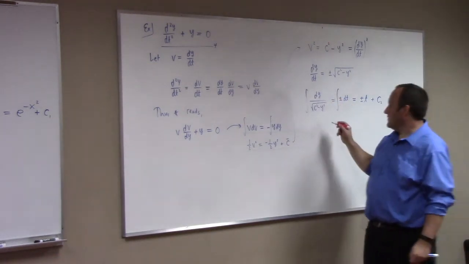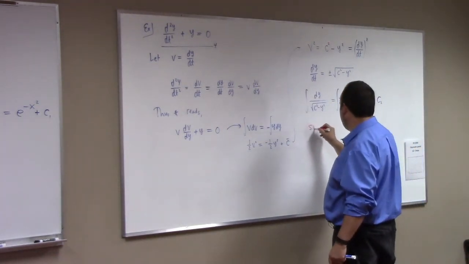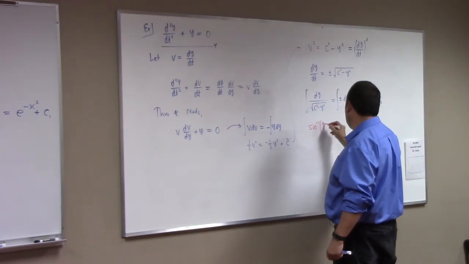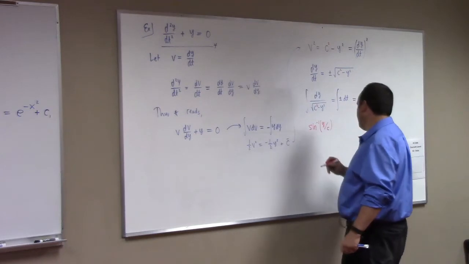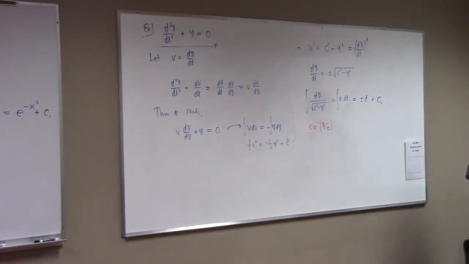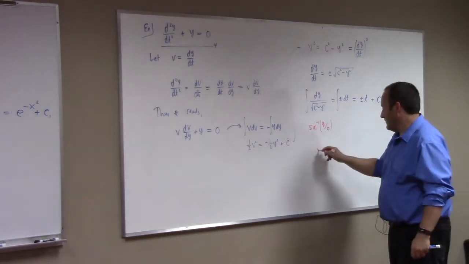I think it's the inverse sine of y over c, perhaps? What happens when you differentiate inverse sine of y over c? Let me think about the derivative of this right quick.